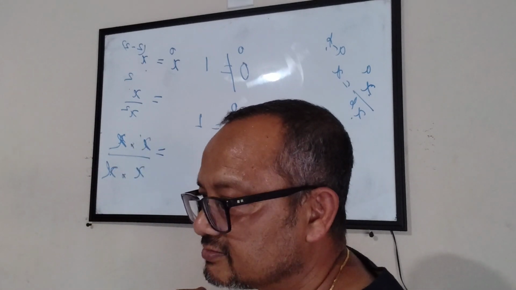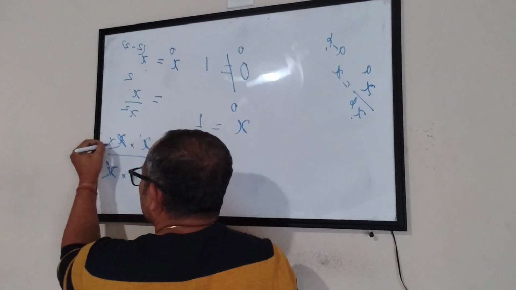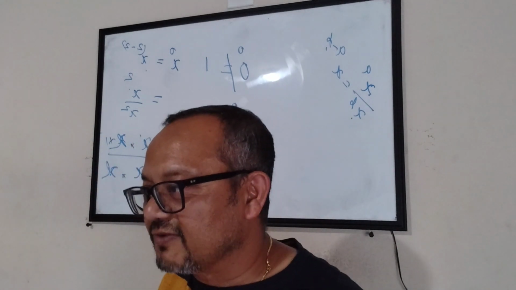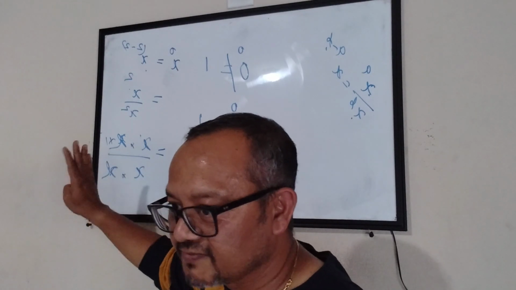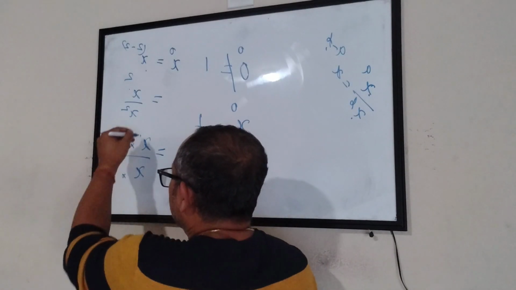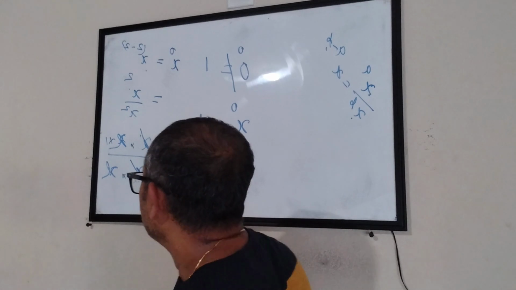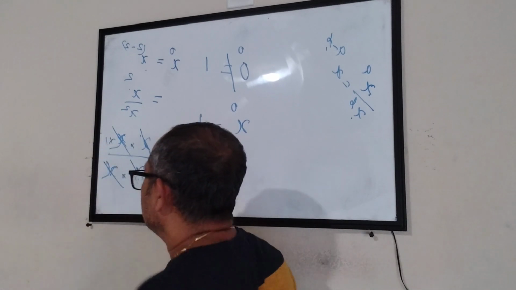Let me write a 1 here just for making life easier. I can write x as x into 1, right? That's fine. Now we'll do tic-tac-toe. This x and this x gone. What is remaining?